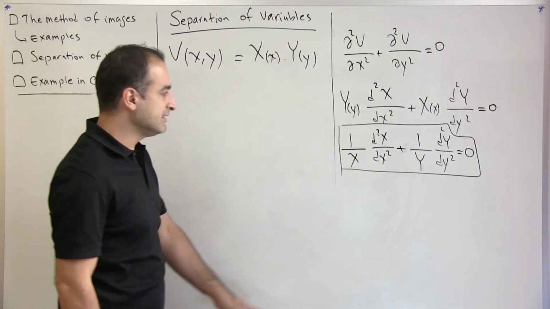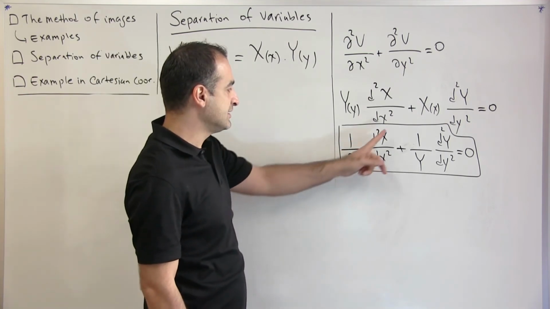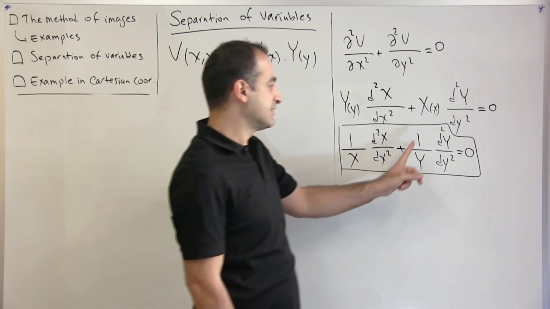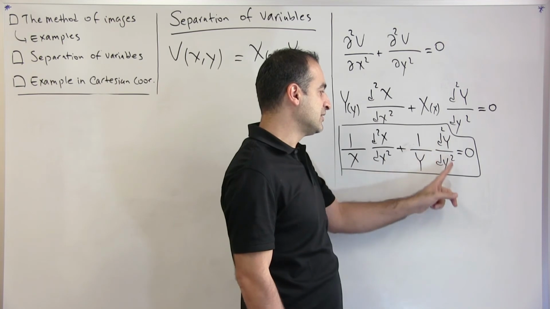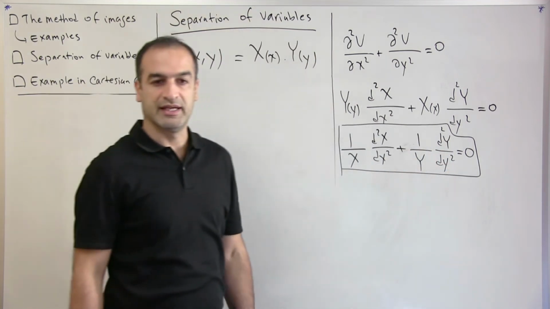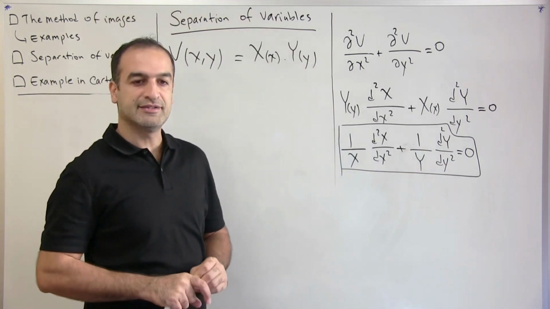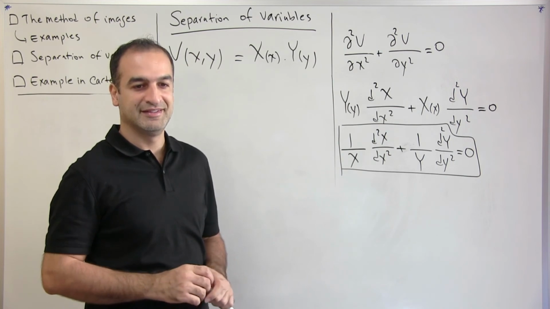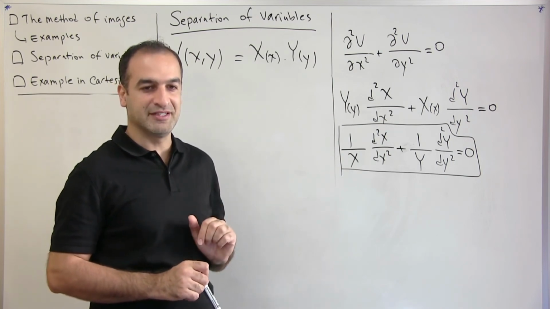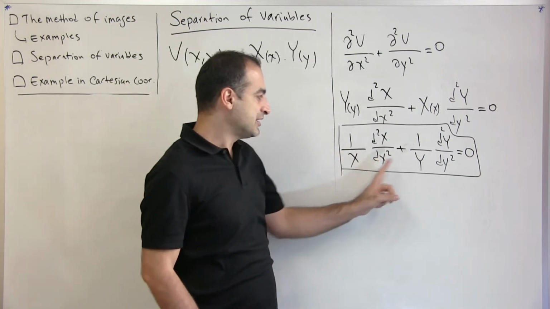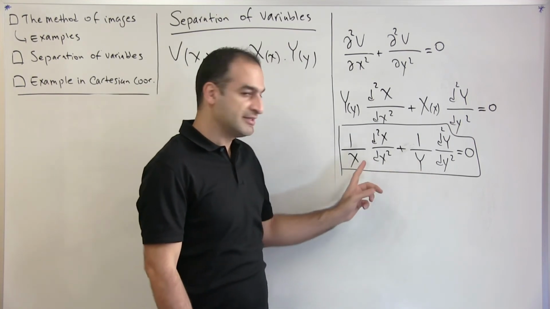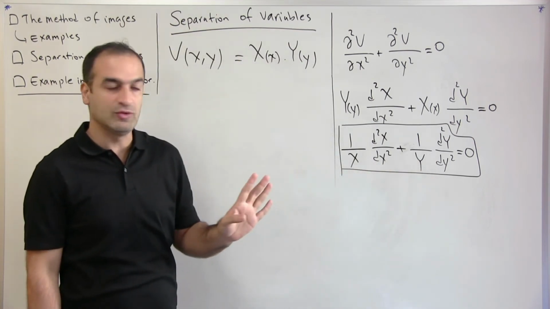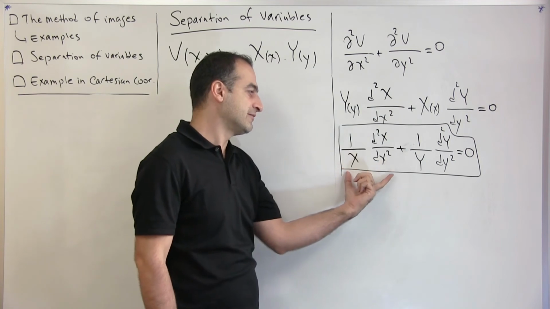What we are getting here is one term, 1 over X d2X over dx2, and the other term, 1 over Y d2Y over dy2. Is that interesting? If you think about it, that's very interesting. We have two terms here. One term is only a function of x. There's no y dependence whatsoever in the first term.